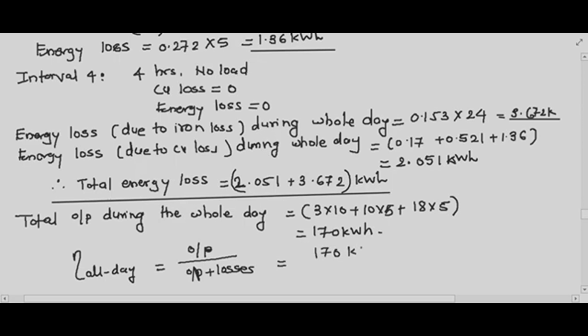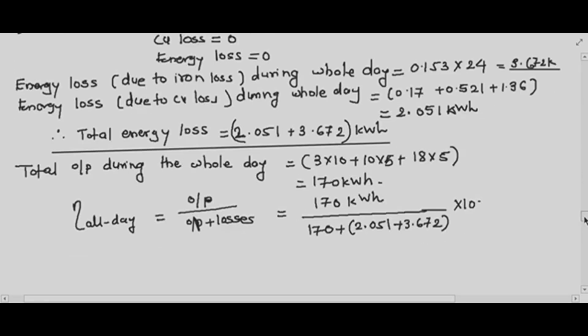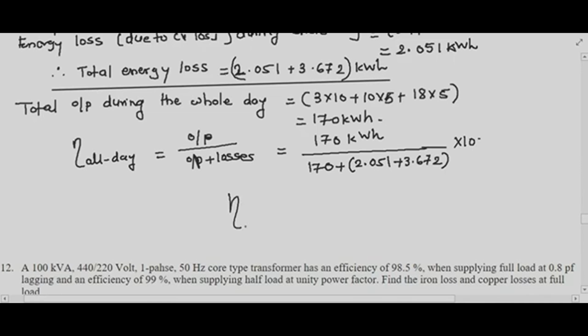So it is 170 divided by 170 plus what are the losses? Losses are nothing but these two. So I will write down as it is here 2.051 plus 3.672 into 100. So all day efficiency you will get as equal to 96.7%.